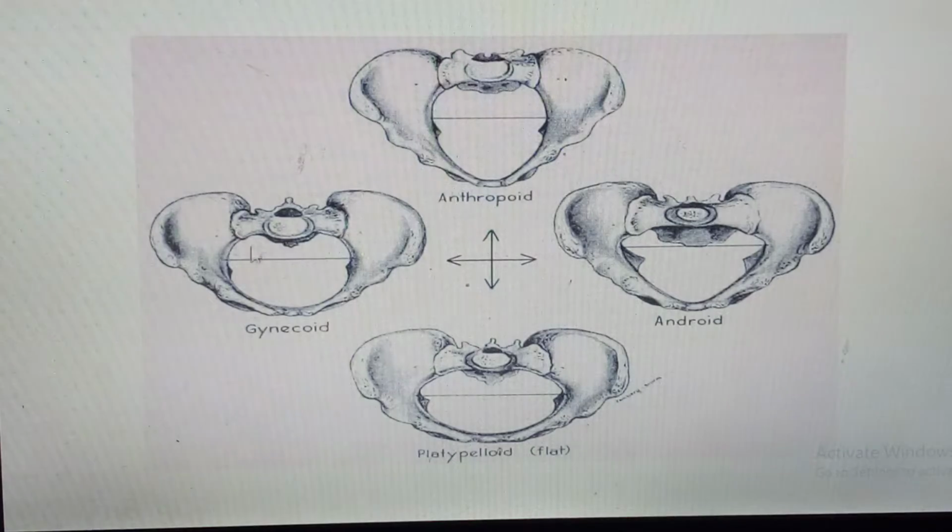Why? Because its pelvic inlet will be generally rounded, or if not rounded, slightly oval, and the pelvic cavity will be more roomy so that it can accommodate the fetus. And then of course, the pelvic outlet is also wide.